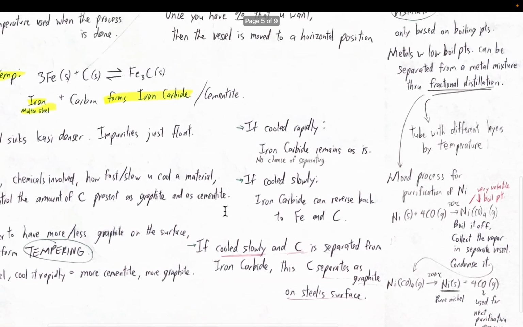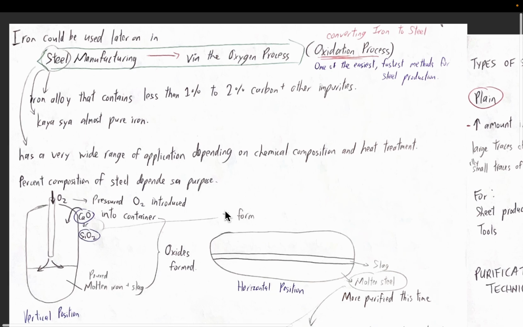Okay, so moving on. Iron could be used later on in steel manufacturing. You can carry out this process via the oxygen process, which you can classify as an oxidation process.